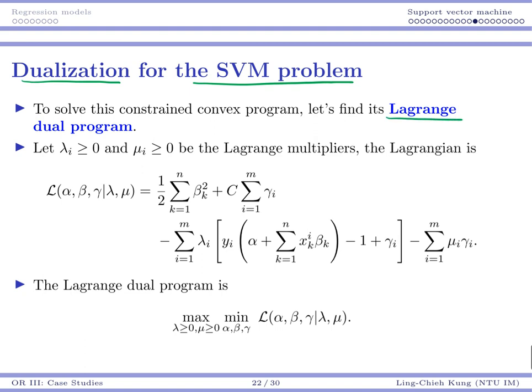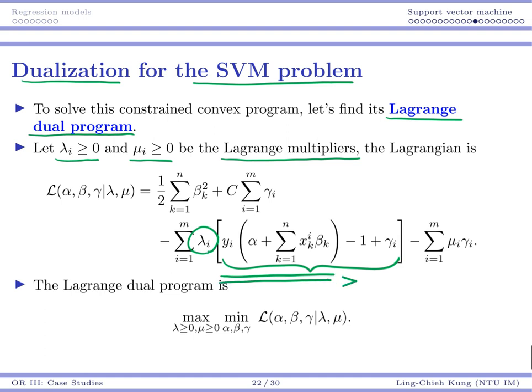So we of course want to do Lagrange duality. We're going to first take the Lagrangian. Let's say lambda i and mu i are Lagrange multipliers for constraints. Lambda i are for the constraints about imperfect separation. Previously, y_i times whatever should be greater than or equal to 1 minus gamma i.